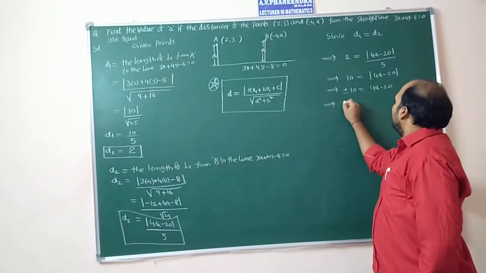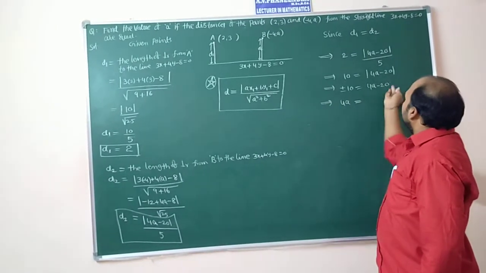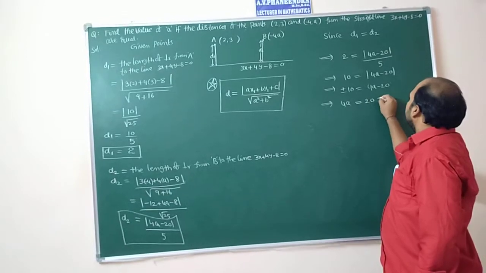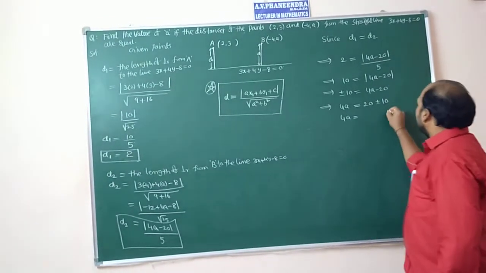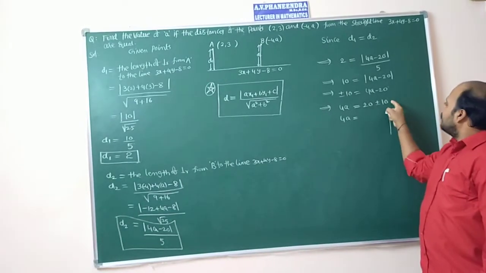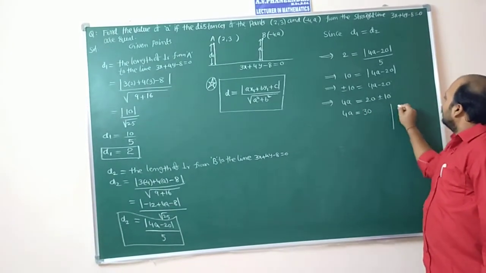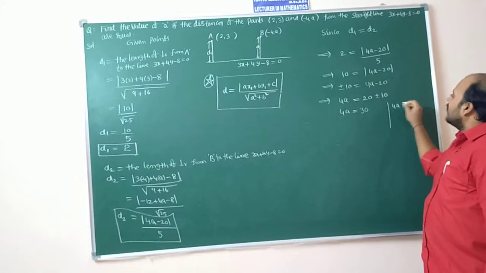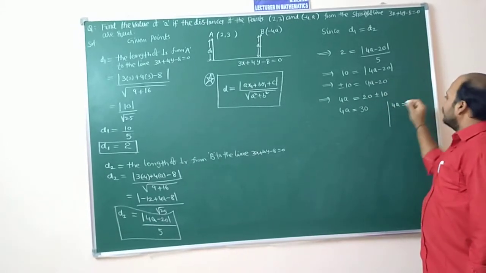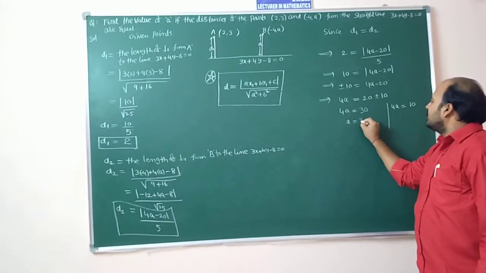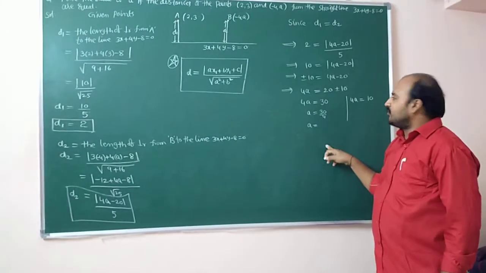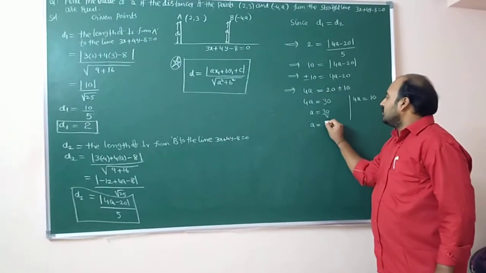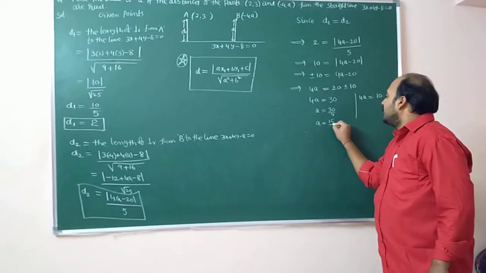That implies that 4a equals minus 20, we can take this plus 20, plus or minus 10. 4a equals, now I am considering plus: 20 plus 10 is 30. If we consider minus, 4a equals 20 minus 10, which is 10. So a equals 30 by 4, which in simplest form, dividing by 2, is 15 by 2.